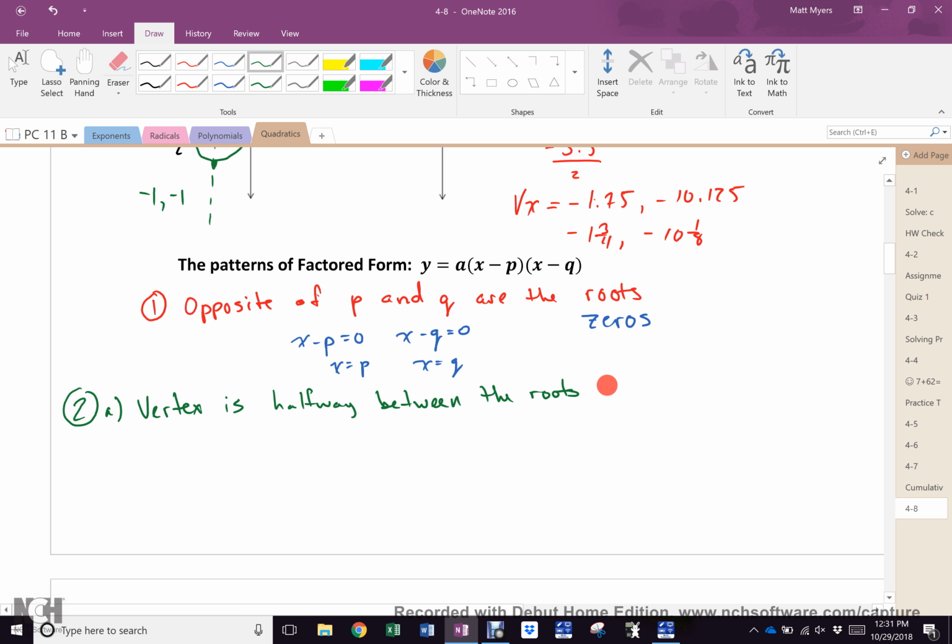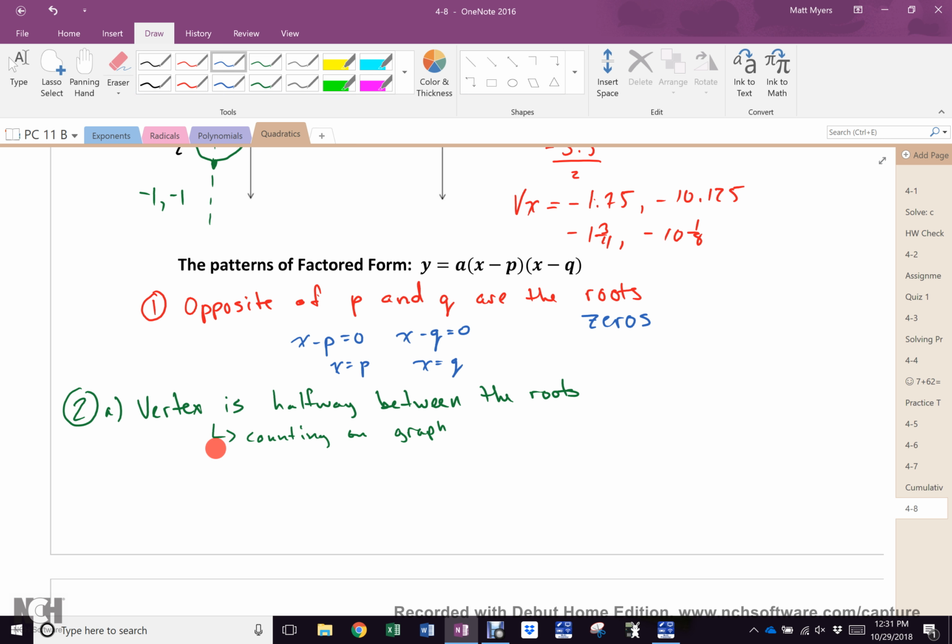That's true, always, right? 2 ways to find it. 1, you could count. Counting on the graph. That will work, won't it? If I'm at 5 and 3, halfway between that is 1. 4 on either side, right?